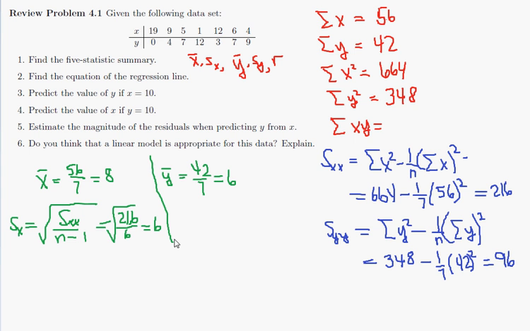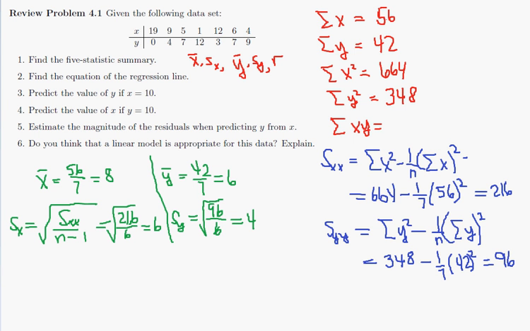Similarly, s sub y, the standard deviation of y, is equal to the square root of 96 over 7 minus 1. That works out to be exactly 4. So those are 4 of the 5 statistics.